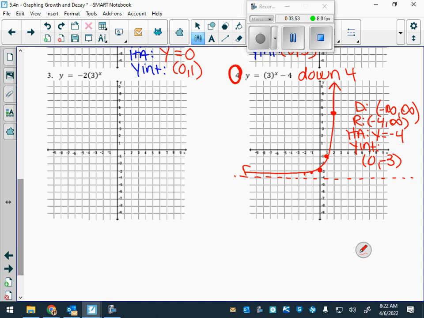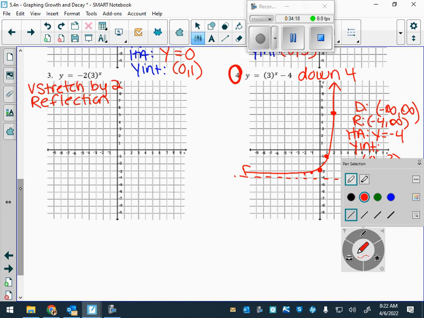Okay. So now, number 3 I left as is, okay, for us to do. Because what transformations are happening? Yeah. Good. Vertical stretch by 2 and a reflection. Okay? So, I'm going to just copy down our original y values and x values. 1/9, 1/3, 1, 3, and 9.